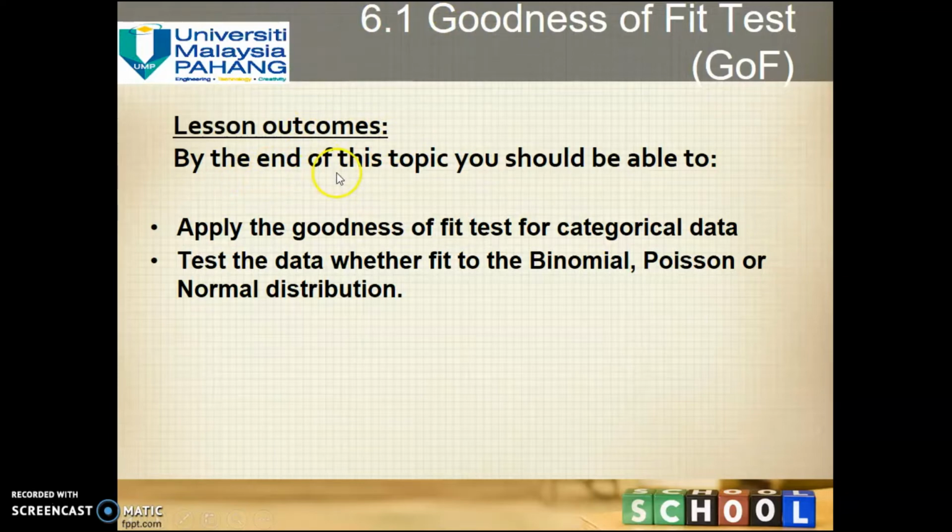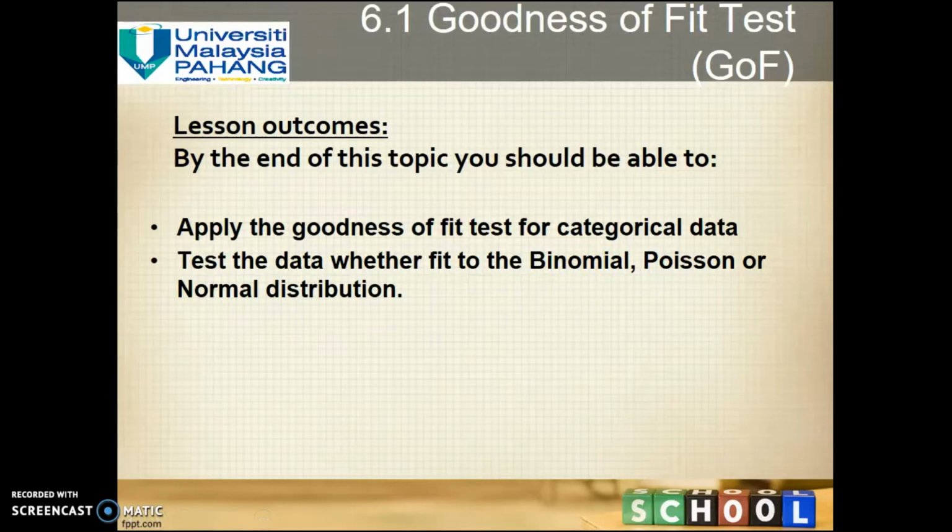By the end of this topic, you should be able to apply the goodness of fit test for categorical data, and test whether the data fit the binomial, Poisson or normal distribution. These are the three common distributions that we study in this course.